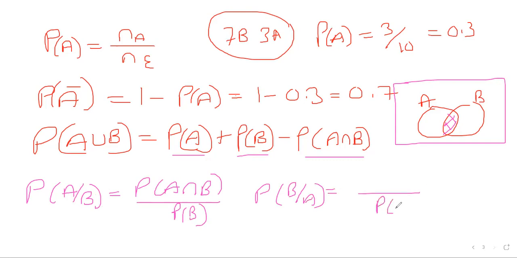Then on top, we intersect the 2 letters, A and B. Of course, we usually like to start with the letter that comes first in the alphabet, but there's no harm if you started with B intersection A. So the key thing is this guy goes down there, this guy goes down there. So this is what we call conditional probability.